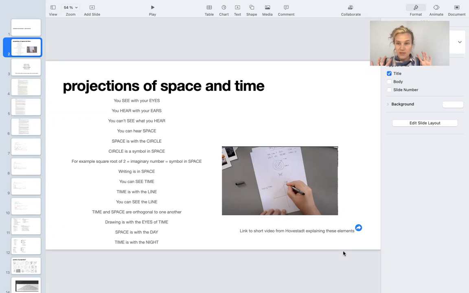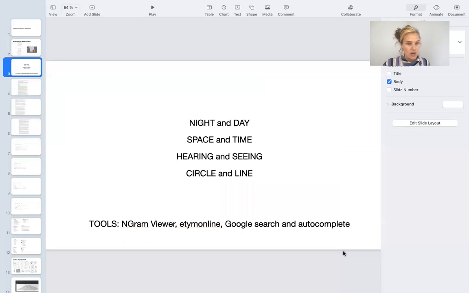So we have some simple tools available to us on the internet, very familiar tools, some of them, I'm sure, that can help you get familiar with these concepts, these elements. I will show you some of them today.